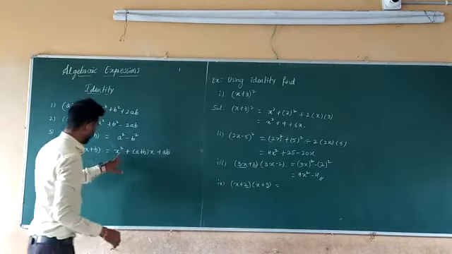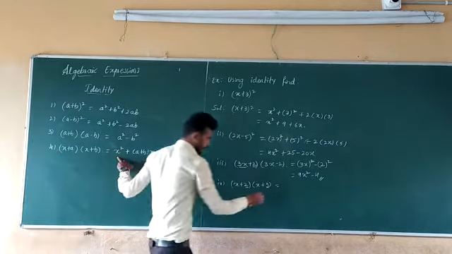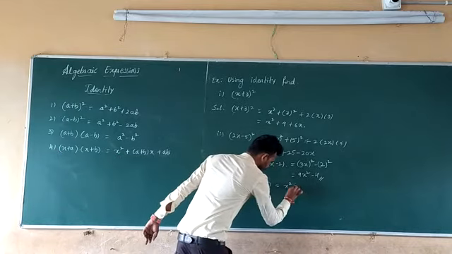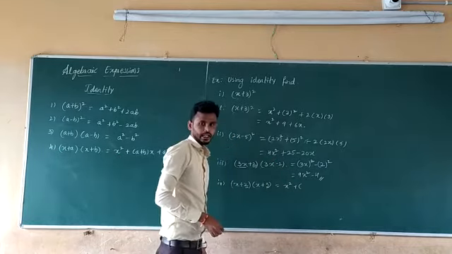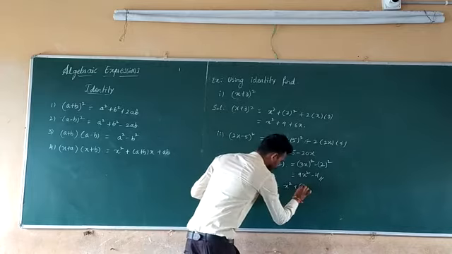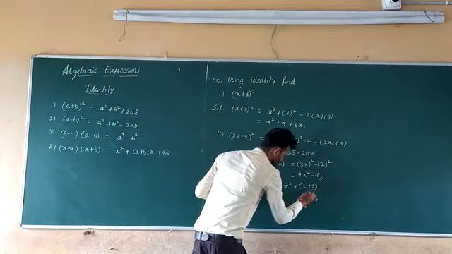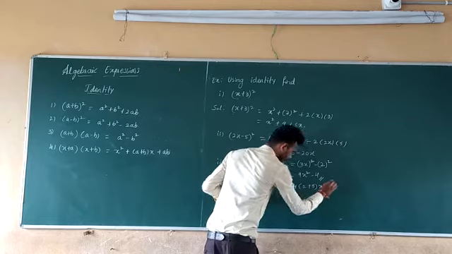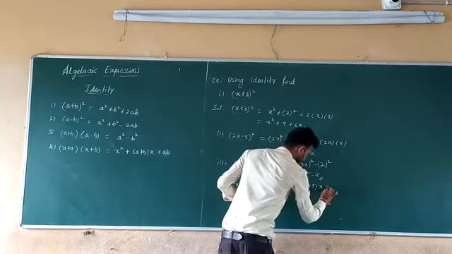And what is that identity? x square, write x square, plus (a plus b), a means how much is there? 2. Plus b means how much is there? 3. Into x, plus ab.